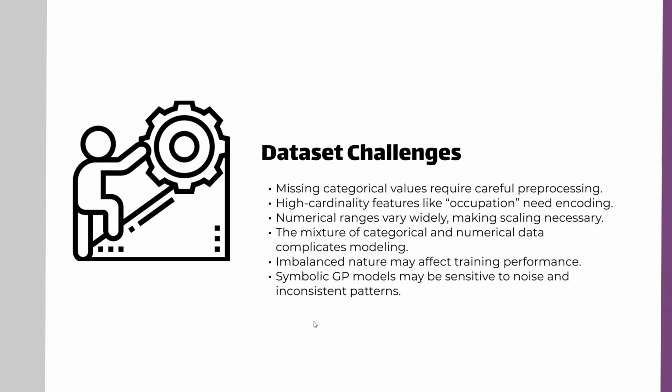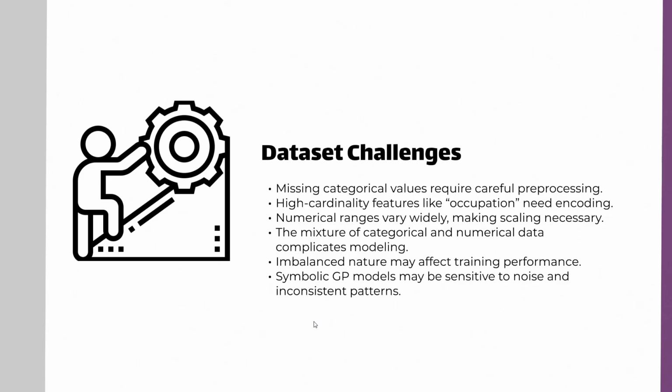Second, the dataset contains a dozen categorical columns with multiple categories, which cannot be fed directly into genetic programming. Third, numerical features span very different ranges. For example, hours per week ranges from 1 to 99, while capital gain can go up to thousands.